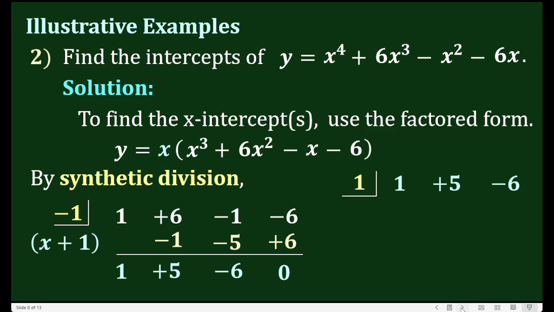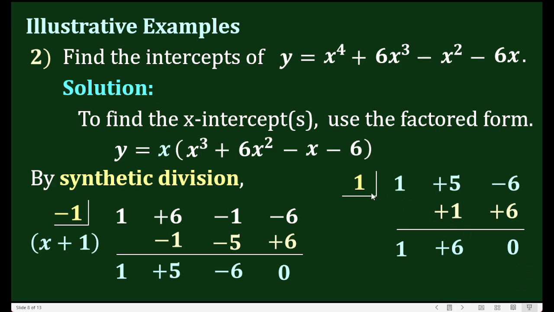Say, positive 1 this time. Then we do the synthetic division. So bring down 1. 1 times 1 is 1, added to positive 5, that is plus 6. Then positive 6 times 1 is positive 6. And we add these two. The result is 0, which is the remainder.